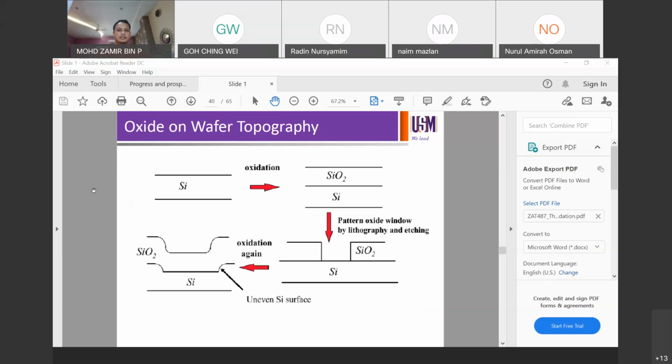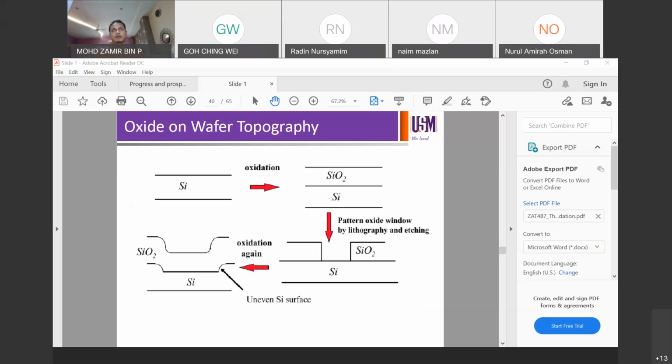So if you look at this slide, for example, the first one, you start off with bare silicon, on the top left here. If you do the oxidation process, whether it's dry ox or wet ox, you're going to end up with silicon dioxide on silicon.